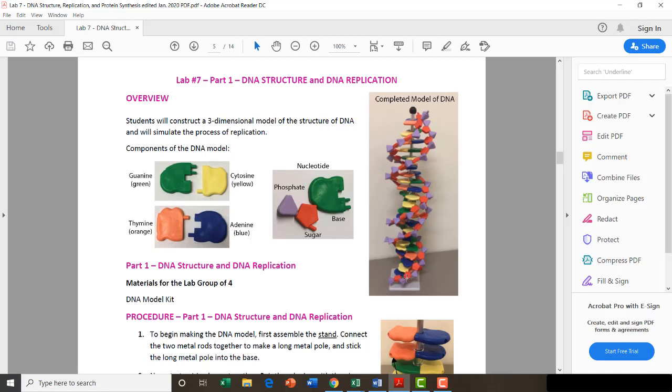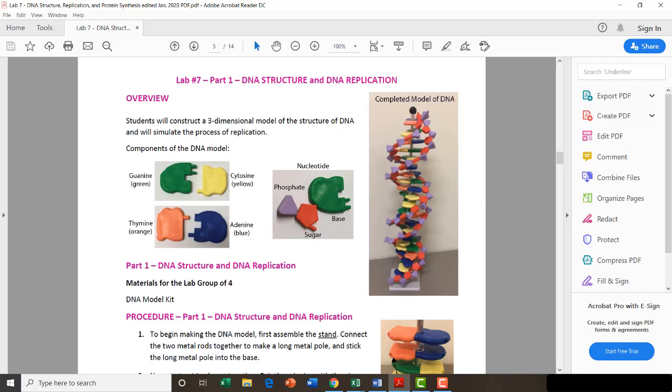Through that sugar phosphate backbone, the sugar of one nucleotide bonds with the phosphate of the next nucleotide. Then that sugar bonds with the next phosphate, and so on, to make the sugar phosphate backbone with covalent bonds. Okay, so that's what I really wanted to point out for the structure of DNA.